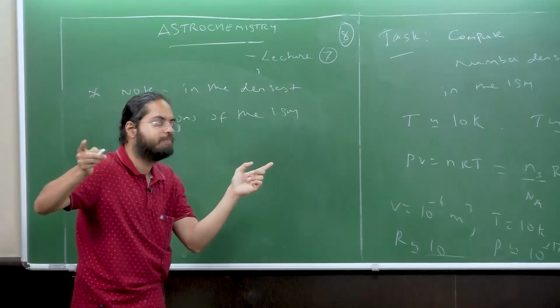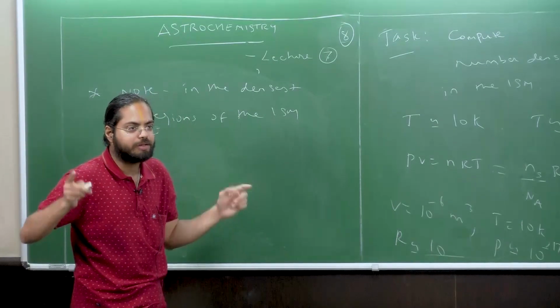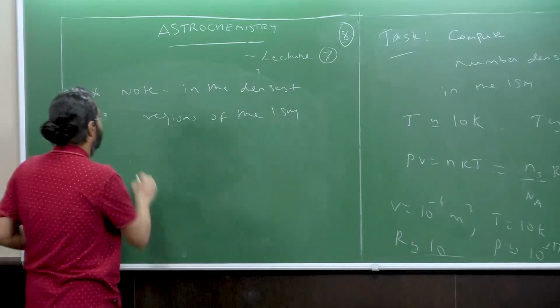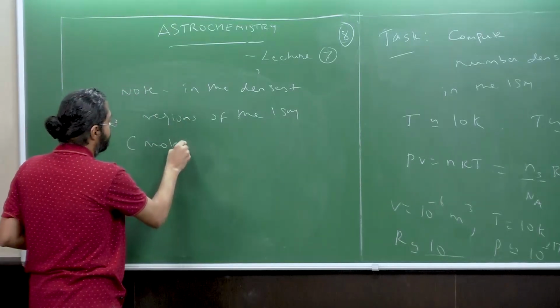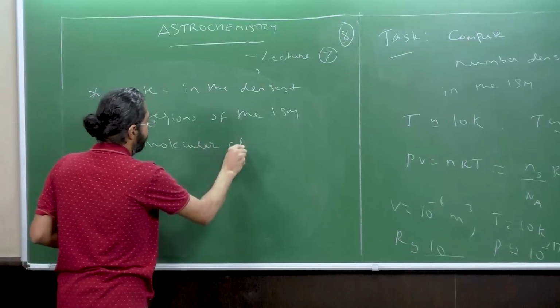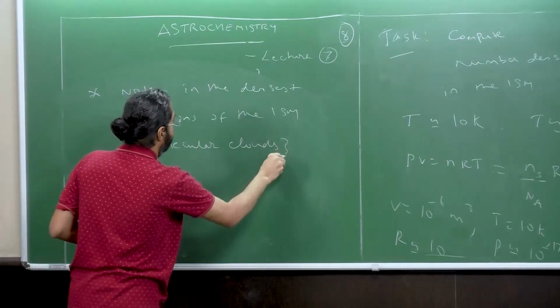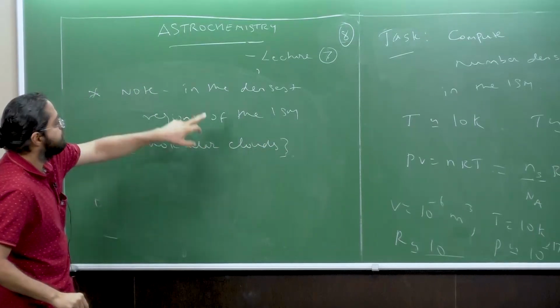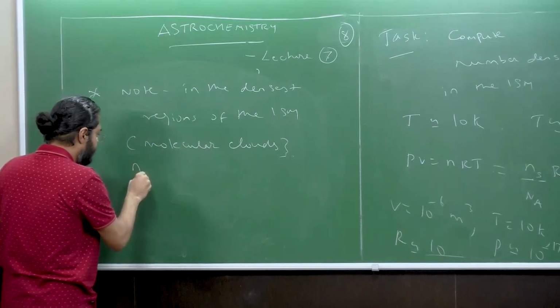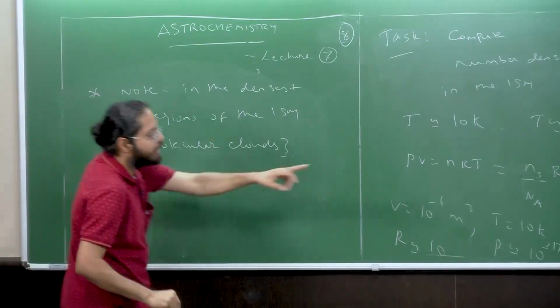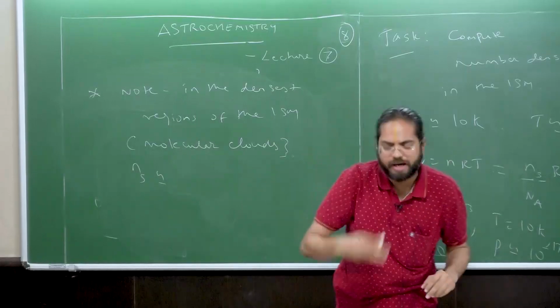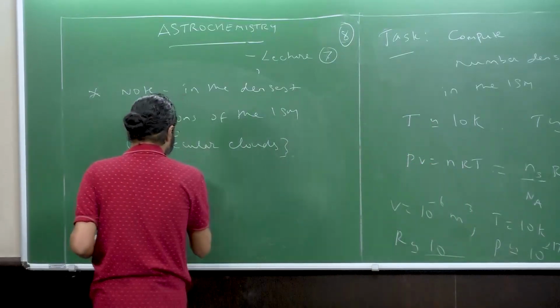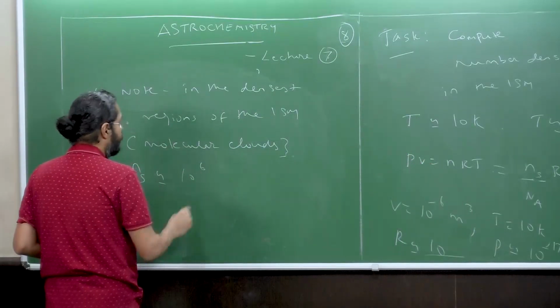Based on our previous lecture, are you able to connect it with this one? The molecular clouds. The number density is slightly better than this 10 to the power minus 2. It can be as high as 10 to the power 6, in fact. It goes up.